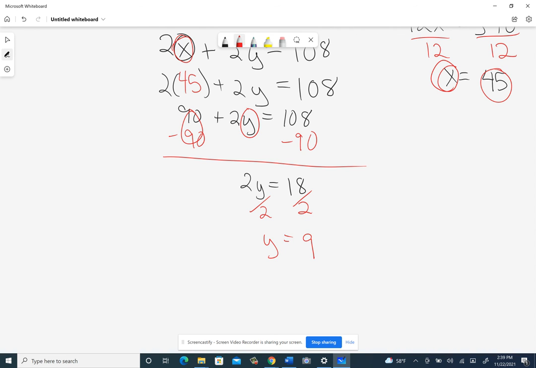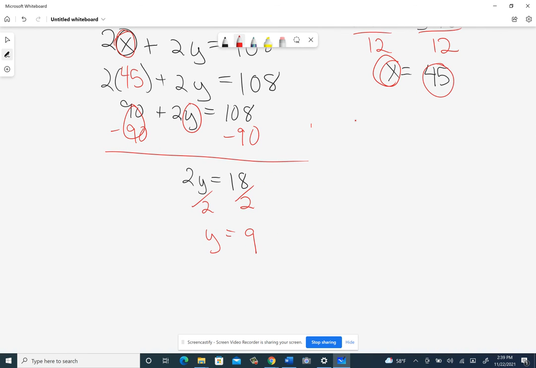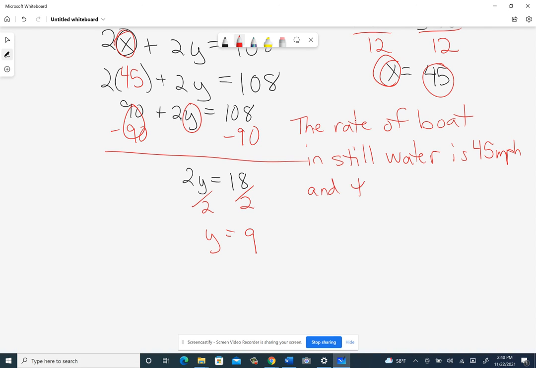So our interpretation would be the rate of the boat in still water, so that's like if it were on a lake, is 45 miles per hour, and the rate of the current is 9 miles per hour.